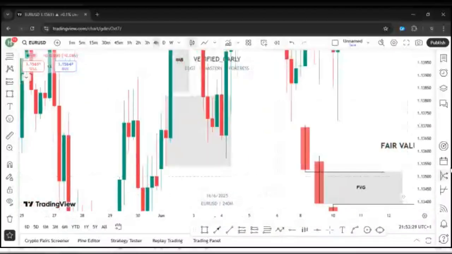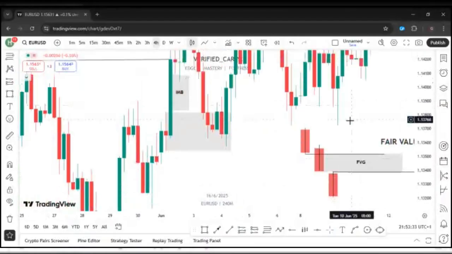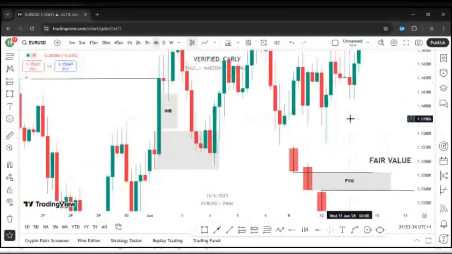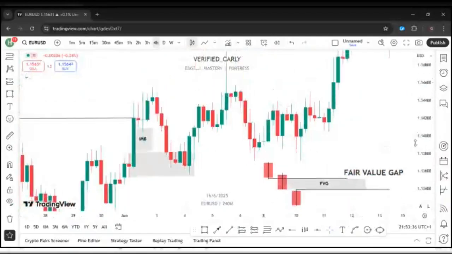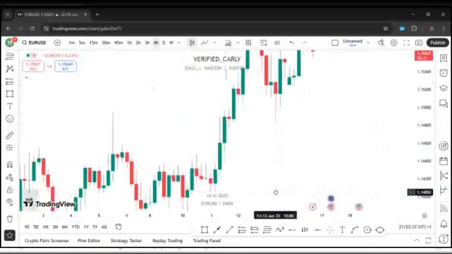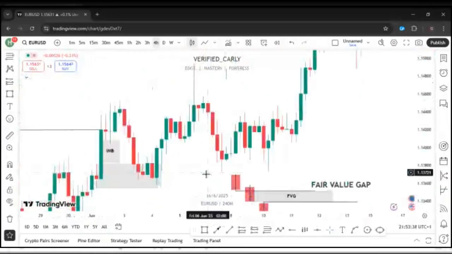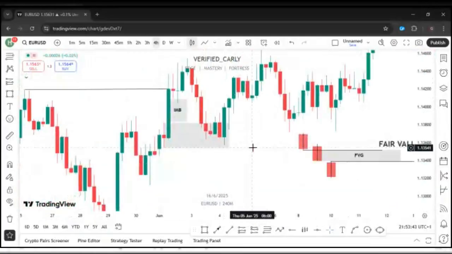So there must be a fair value gap in your entry criteria, and also liquidity. Without wasting more time, let's move to the liquidity part of it.